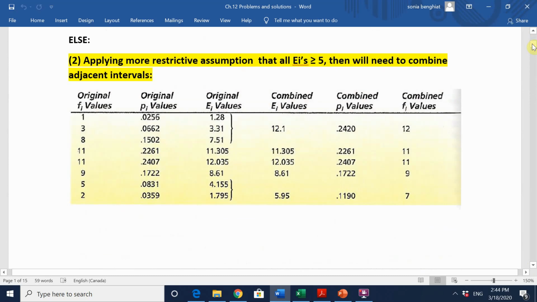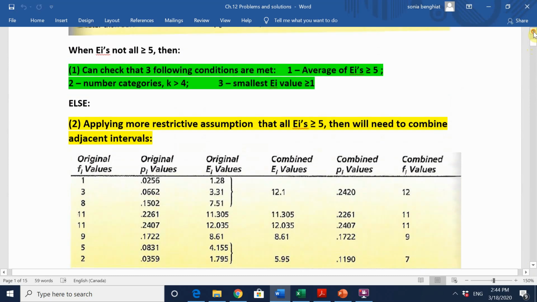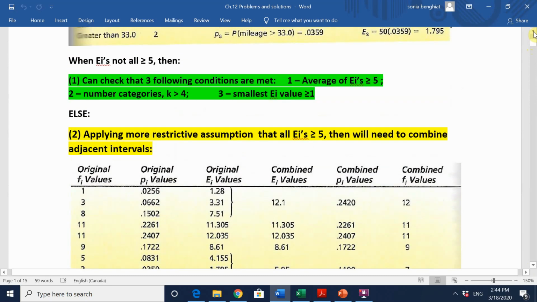I'm scrolling up because I want to show you the conditions. In order to apply a chi-square test for goodness of fit, we need to make sure that we observe this condition: that the Ei's must be at least 5 for all i's. When this condition is violated, we can apply some remedial measures.